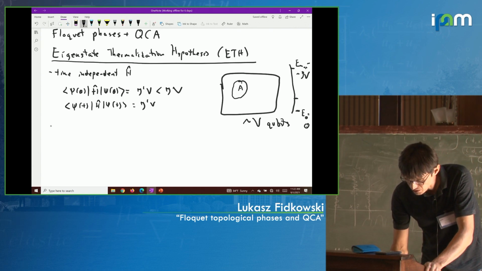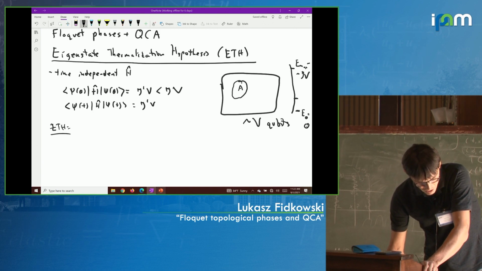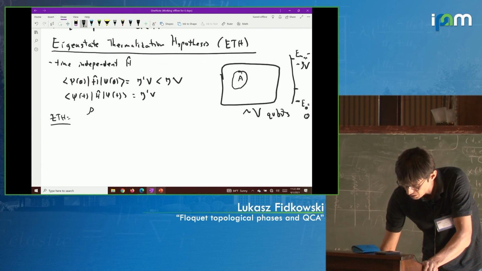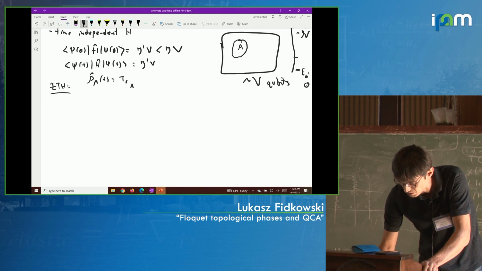So basically, ETH is the statement, or the ETH property is that this reduced density matrix. So let me define the reduced density matrix. The reduced density matrix on A at time t is, the usual definition, trace out the complement of A from this mixed state.